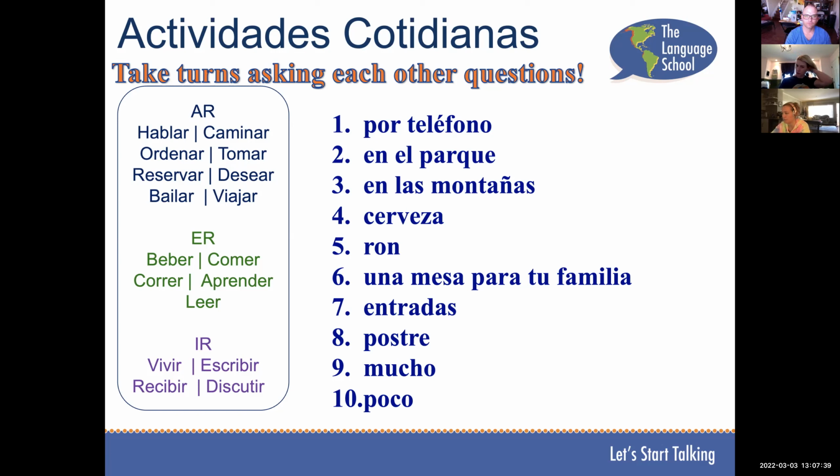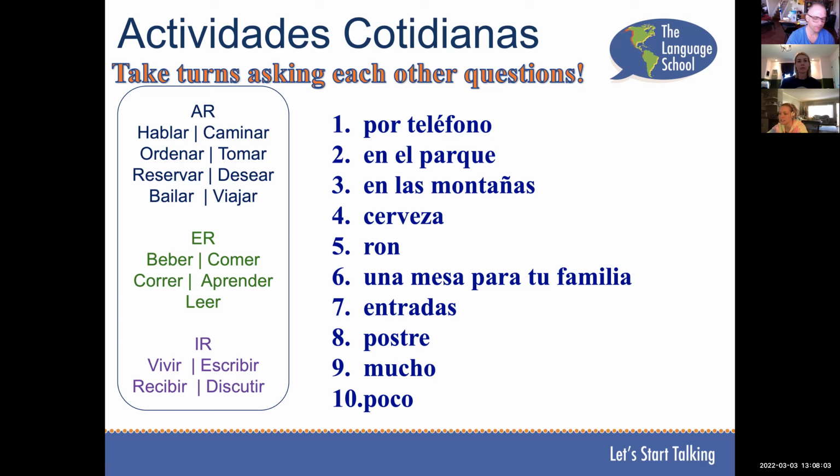Entradas. Oh, sí. ¿Comes entradas? Entradas can mean tickets, and without more context it would probably mean appetizers, but it could mean tickets.